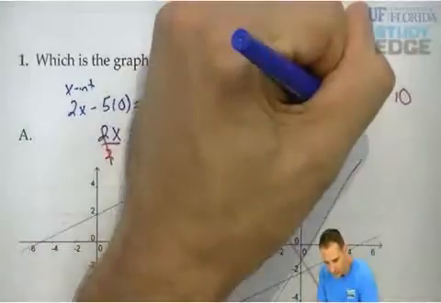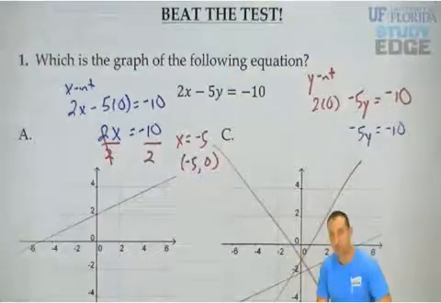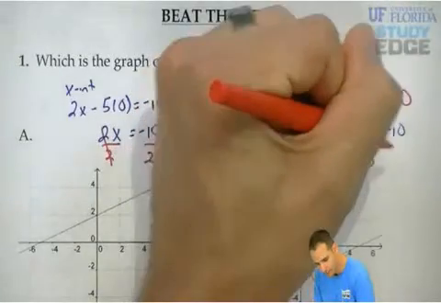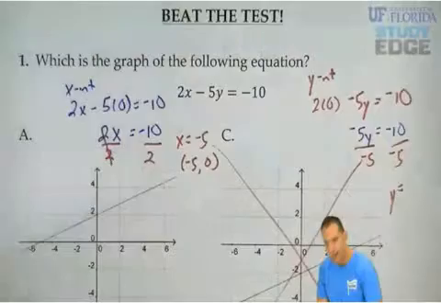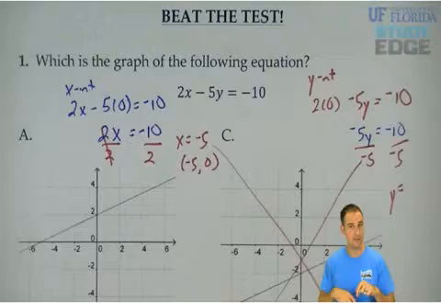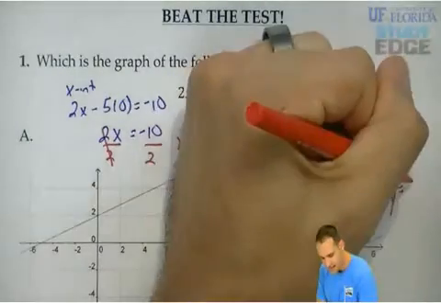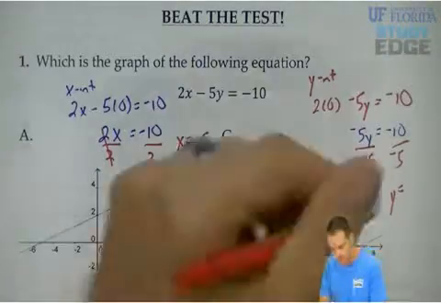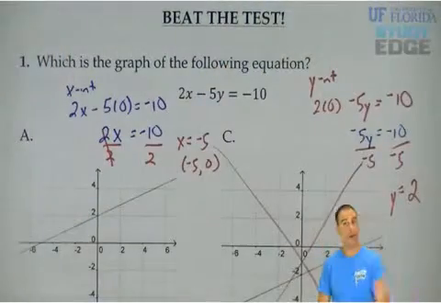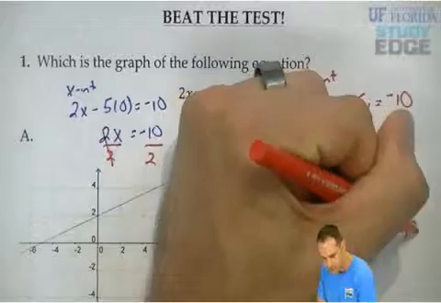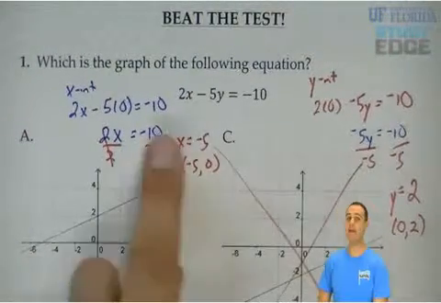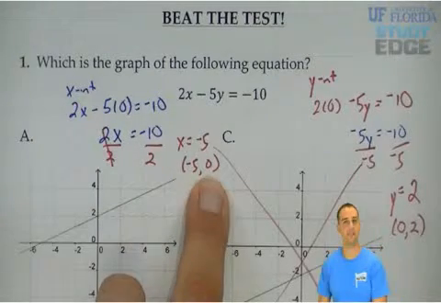Times 0 is 0, leaving me negative 5y equals negative 10. Divide both sides by negative 5. And remember, a negative over a negative is positive. Negative 10 divided by negative 5 would give you positive 2. The coordinate would be 0, 2, because remember, for a y-intercept, x is 0, and for an x-intercept, y is 0.